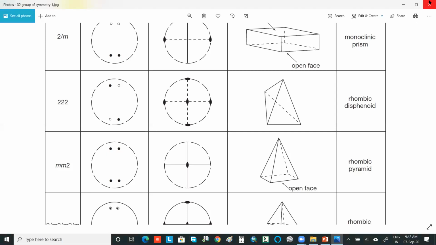Getting my point or not? Then with a pyramid, there will be the rhombic pyramid.